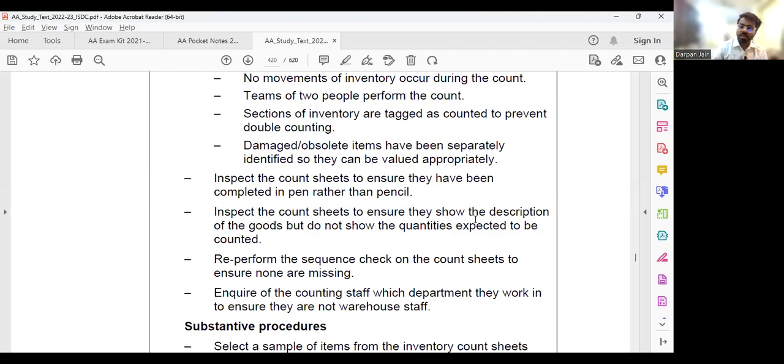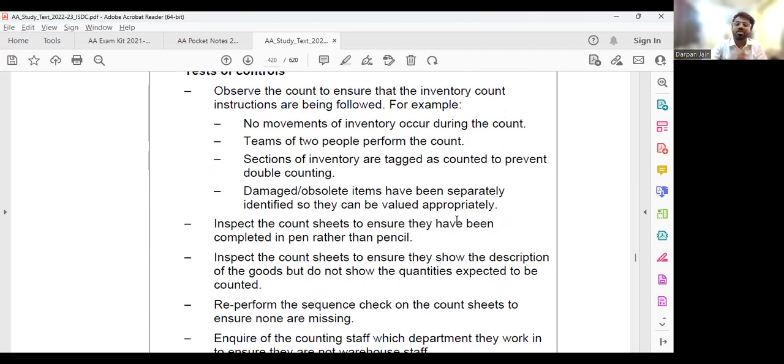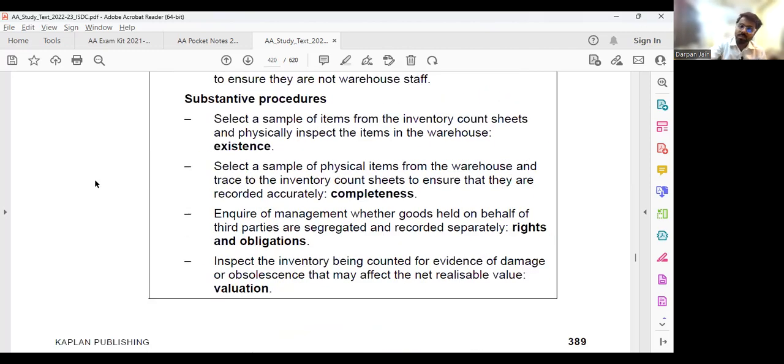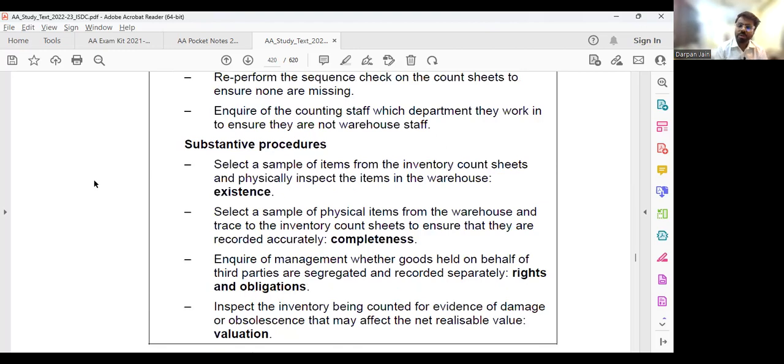So inquire which department the employees counting the inventory are from, and ensure they are not from the warehouse department. These are tests of control. You're basically testing the internal controls during the count. Next, what are the substantive procedures that you do during the count?